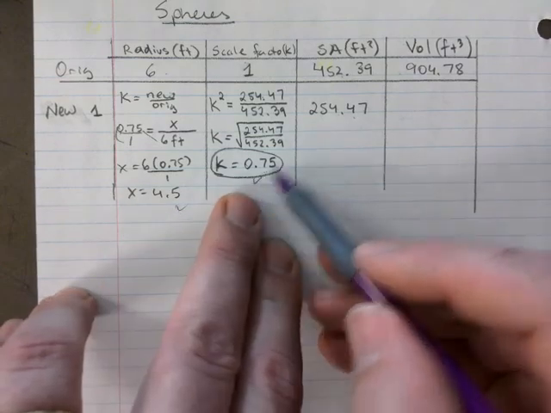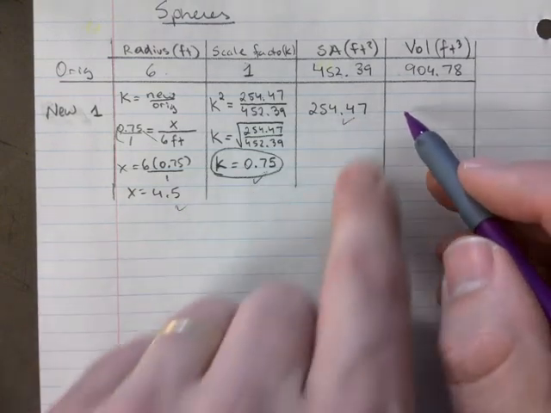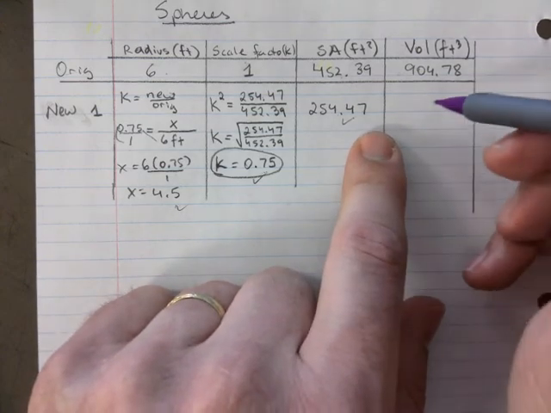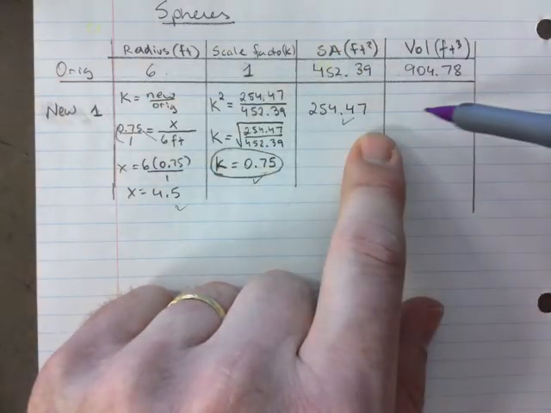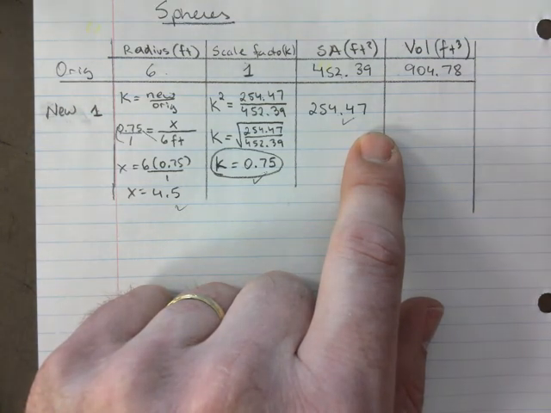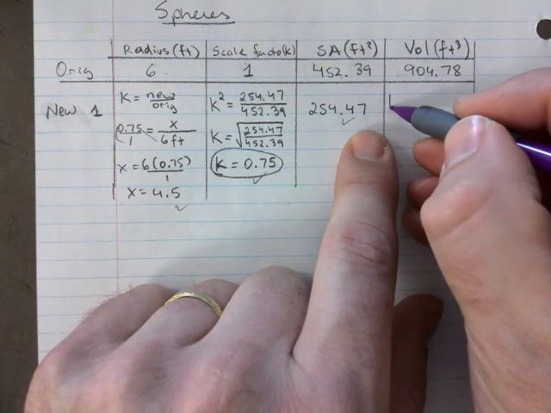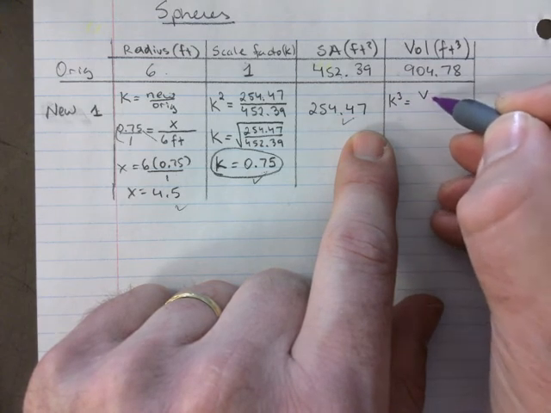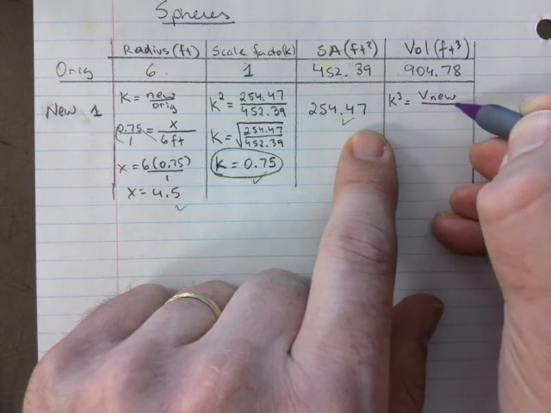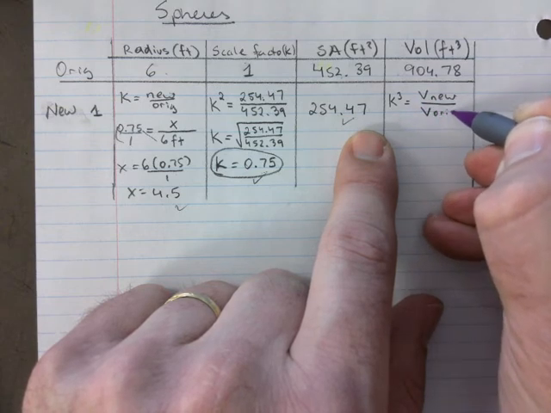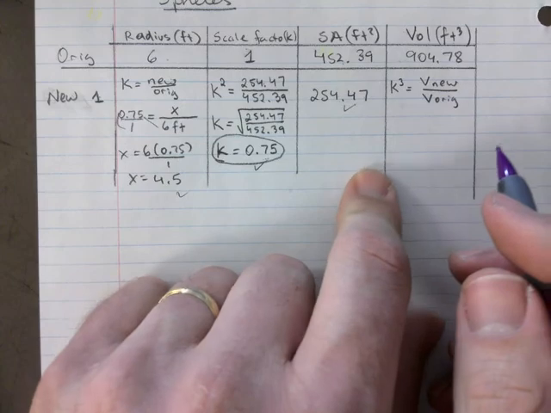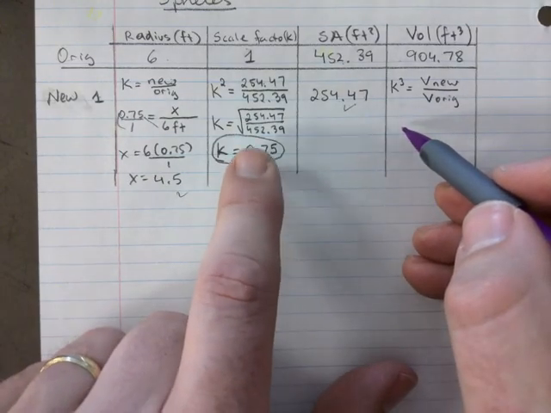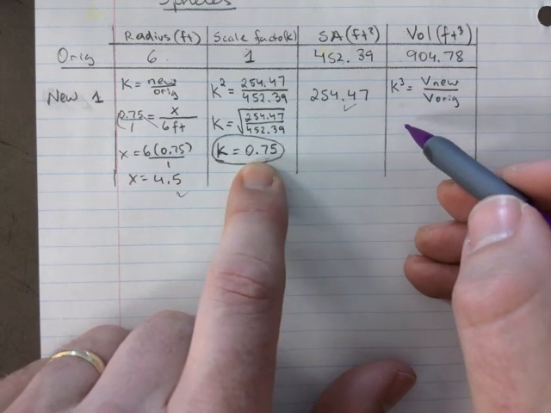Okay? So we filled that in. We know this, we know this, we know this. Last one, the volume. I want the volume of this new shape. So this is kind of like everything in one. Okay? So you start like this. Because we're dealing with volumes, k cubed is volume of the new over volume of original. In this case, I already have the scale factor that got me the new shape.